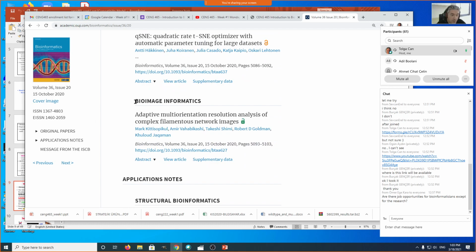There's also image informatics. You asked on Monday's class whether there's a sub-area of bioinformatics related to images. Yeah, bioimage informatics is that area. If you take a look at this, the images are these complex filamentous network images. What is this?